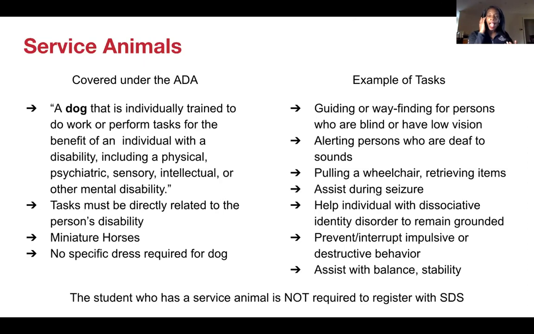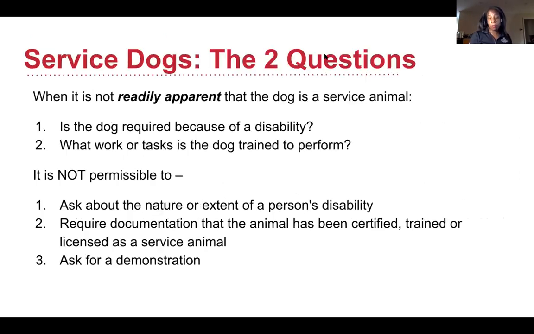All we are permitted to ask is, is it a service animal that is required for disability? And if the person says yes, that is all the verification that we can do. Service animals, again, covered under the Americans with Disabilities Act, are allowed to go anywhere with the person. So the only animal you should be seeing in the classroom is a service animal, okay?